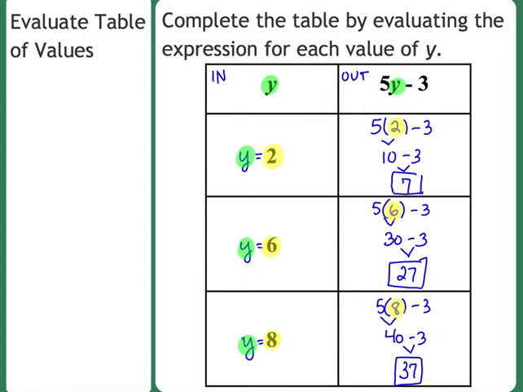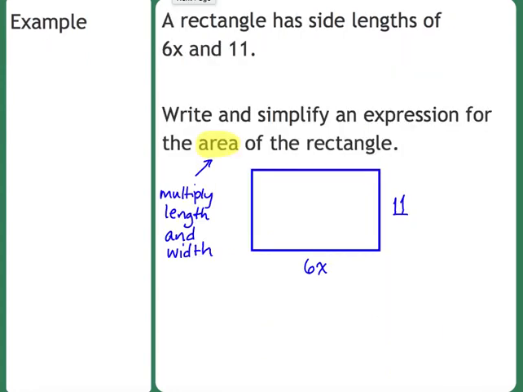All right, next up, we have a word problem. So it says a rectangle has side lengths of 6x and 11. So I just sketched out a rectangle here, and I put the side lengths of 6x and 11. So I'd recommend you doing that on the test if you get any type of geometry problem, is sketch out the shape and then label it with whatever information you have.